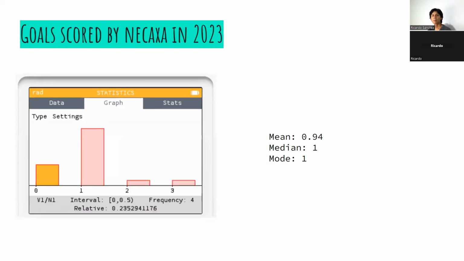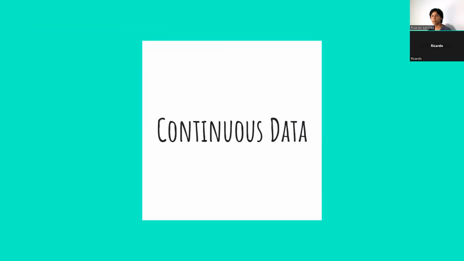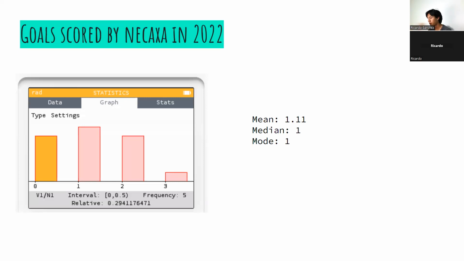Well, we can see the difference between both charts. In the last year, 2022, you can see that the team scored more than one goal in their matches, but at the same time there were matches in which they didn't score.